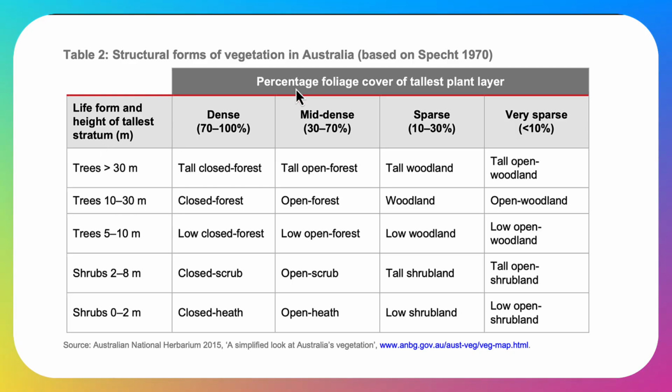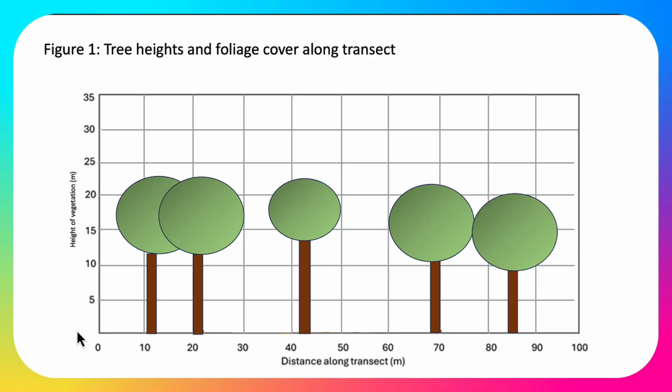The next one is the percentage foliage cover. You can see where this is nicely 100 meters long, and we can then just project down onto the ground to estimate what part of this transect is actually covered with foliage. So we can see here that we've got to the 30 meter, so 30 to 20 to 10, so that's 20 meters plus another 5, so that's 25 meters.